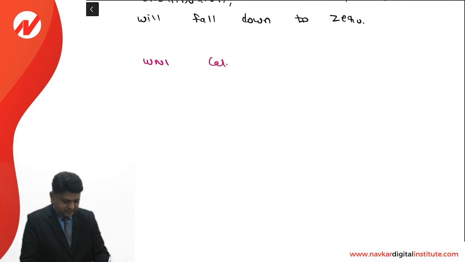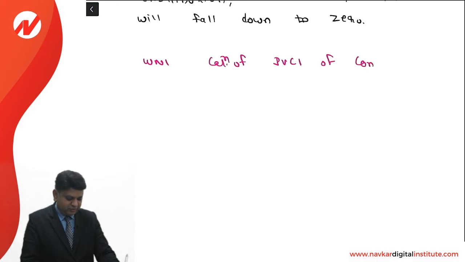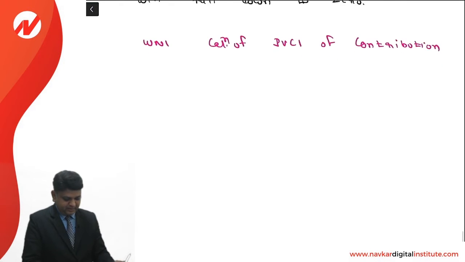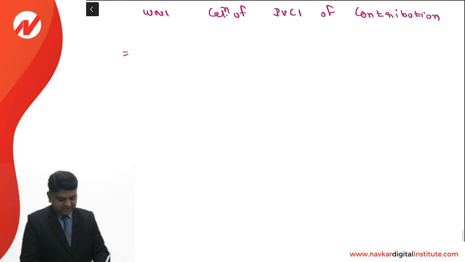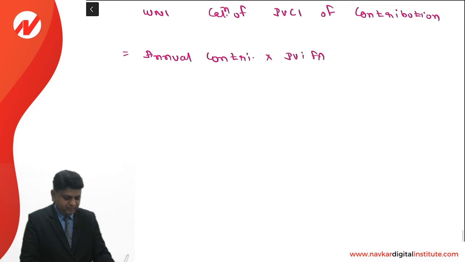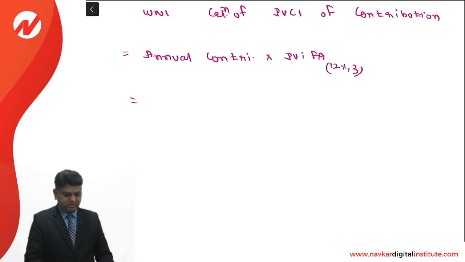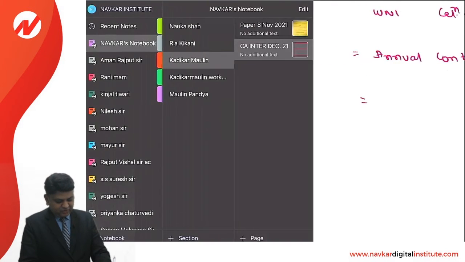Working note number 1, calculation of present value of cash inflow of contribution. That can be computed like this. It is annual contribution into PVIFA at the rate of 12% for 3 years. What is the amount of the annual contribution?